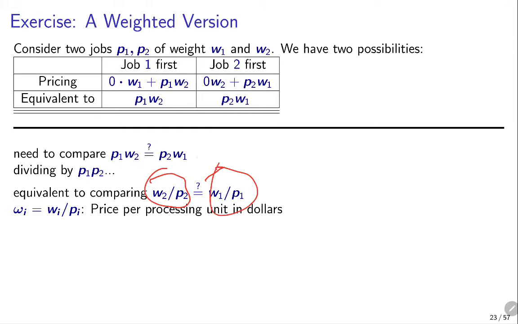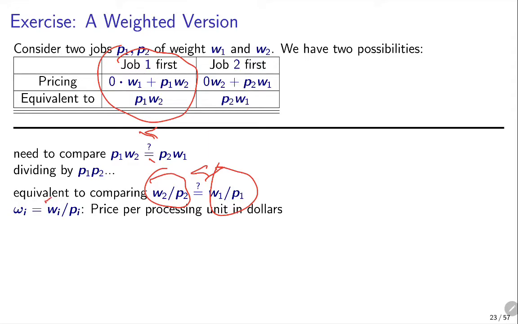If we kept the ordering, then if this is smaller here, then this is smaller here, which means that we have to prefer the first job. Okay, so first job first.